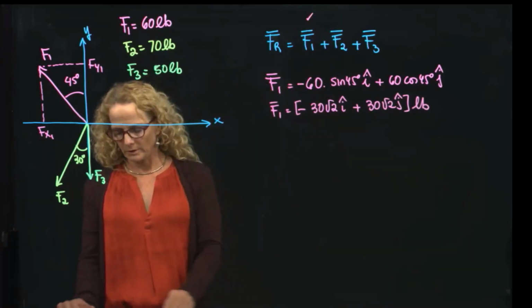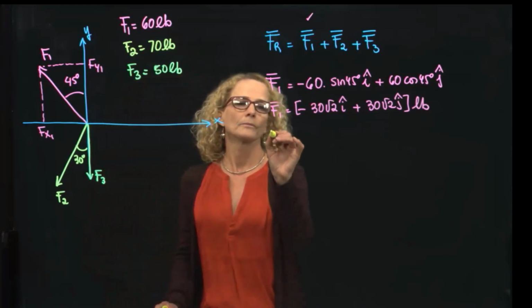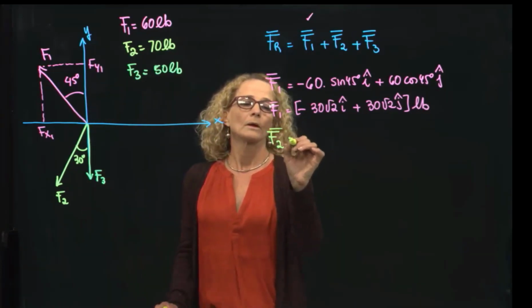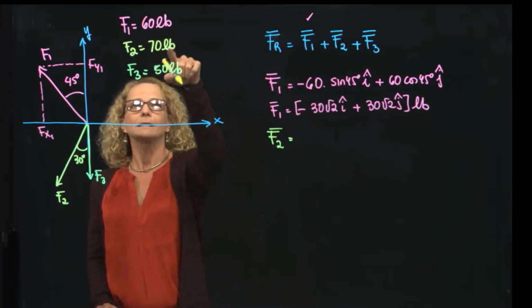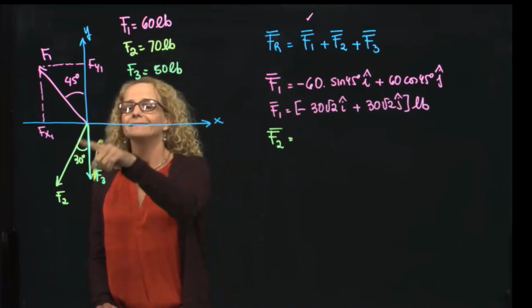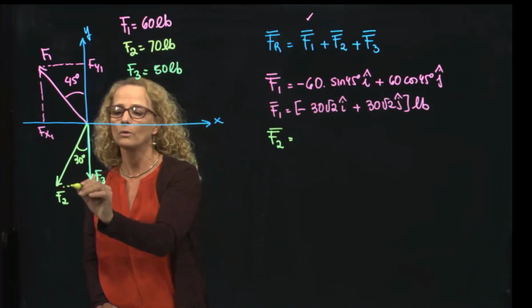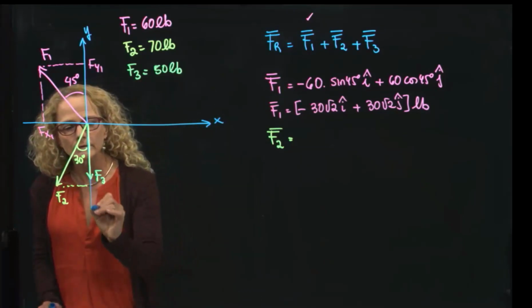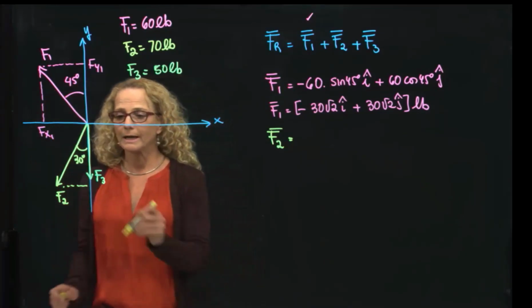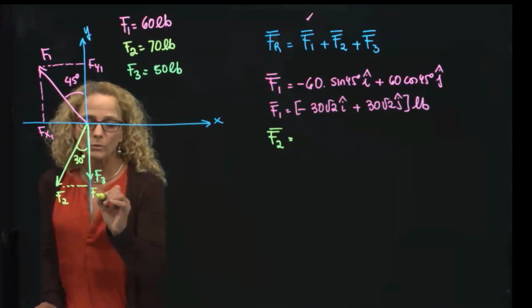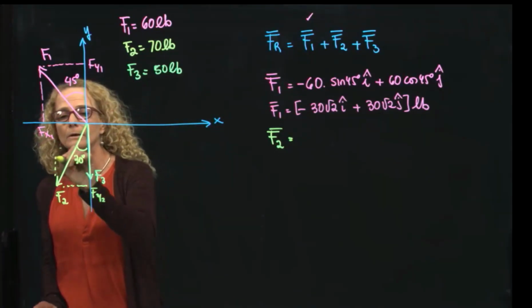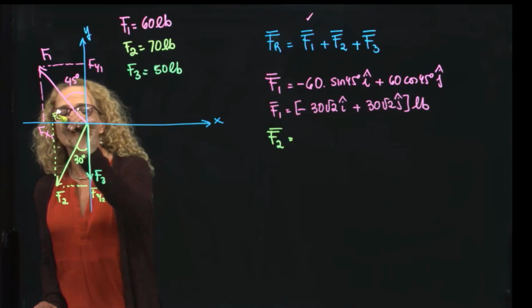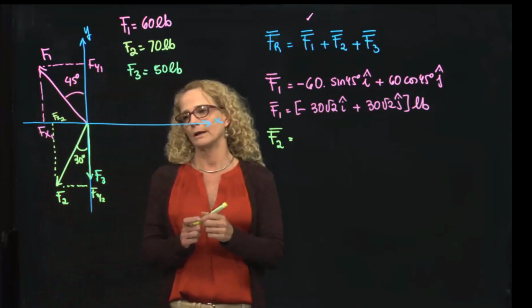Let's find the components of F2. F2 has a magnitude of 70, and it's in the third quadrant. So let me extend my y-axis here, so that F2y will be negative, and F2x will also be negative.